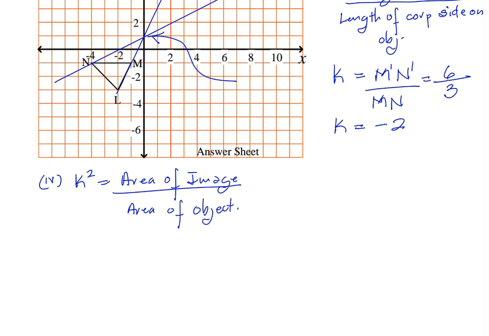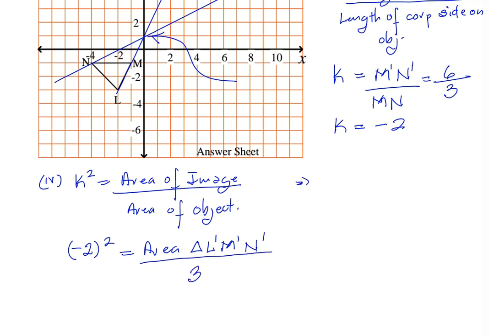So K, which is minus 2, so it's minus 2 squared, which comes out positive, is equal to the area of the image, which is triangle L prime, M prime, N prime, divided by the area of the object, which is triangle LMN, which is 3.